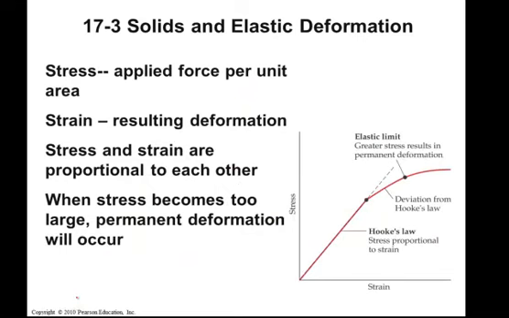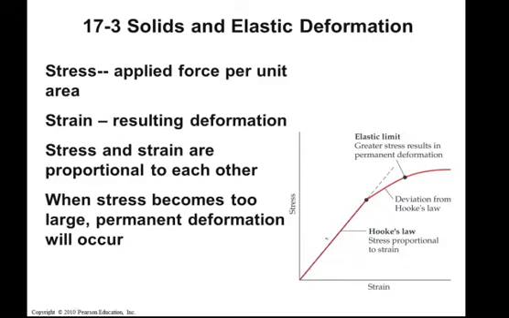Okay, so we said stress is the amount of force that we're going to apply. The strain is the resulting deformation. And stress and strain are proportional to one another, and that's just like our F equals kx. So the stress is the force, and this is the amount that it moves. So this would be like your force and your x.